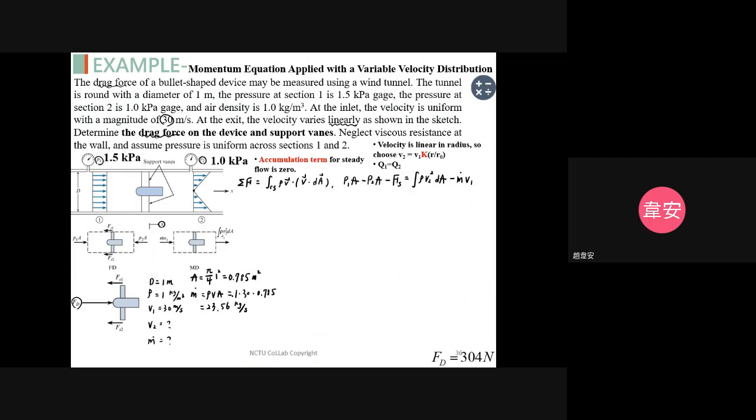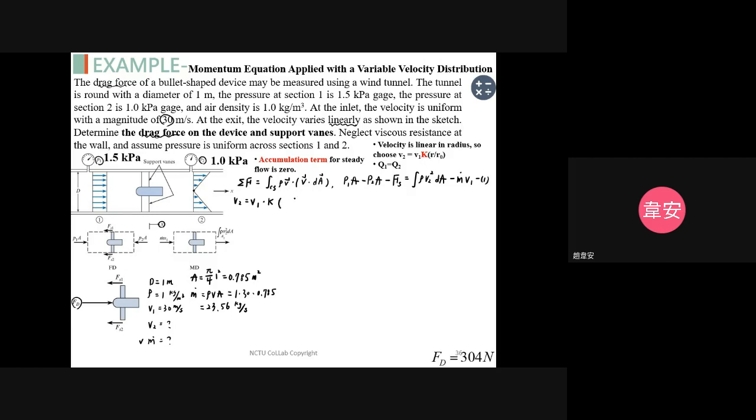So what is V2? As you see, the question tells us the V2 velocity profile is linear. So we assume this is our equation 1, and we assume V2 as a function of V1 multiplied by the slope. The slope K is the velocity gradient for the velocity profile here.